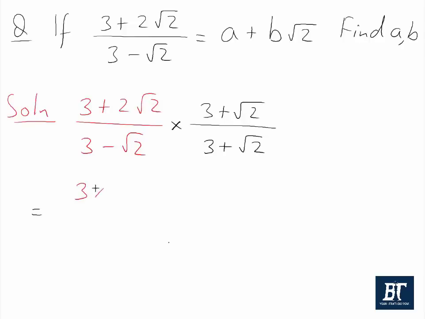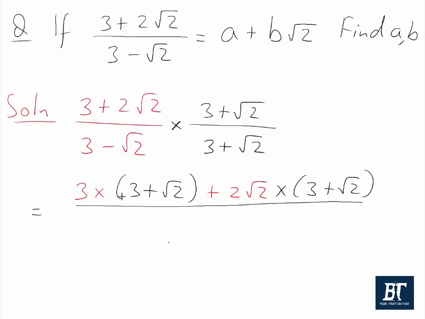So we will multiply 3 with this whole thing. So 3 will get multiplied with 3 plus root 2, and then plus 2 root 2 will get multiplied with this whole, and then in the denominator you have 3 minus root 2 multiplied by 3 plus root 2.